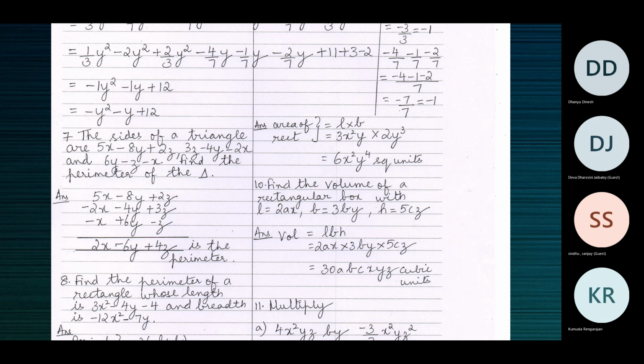Ma'am, the answer is minus 18x square minus 22y minus 8, ma'am. Let me check here.